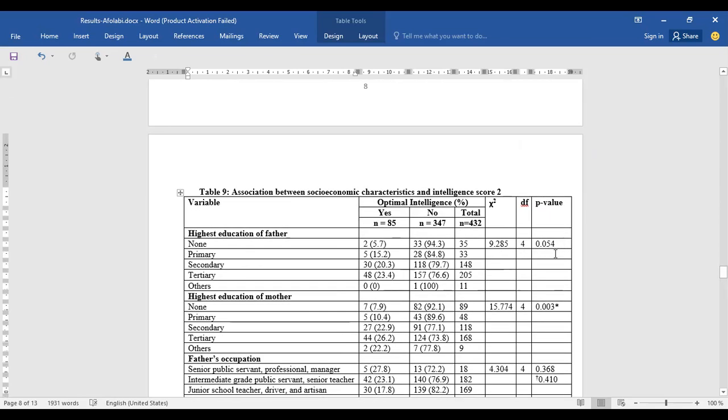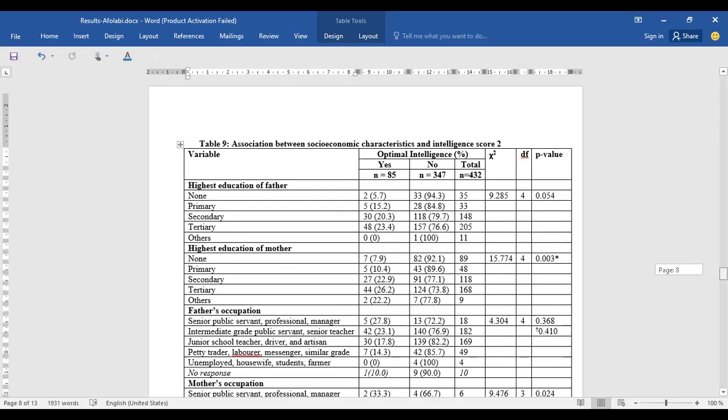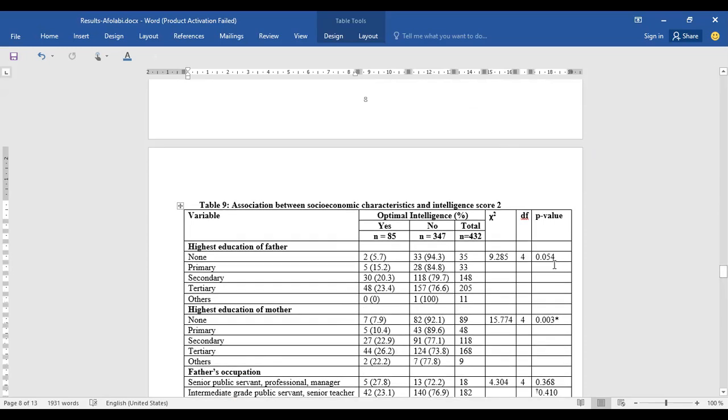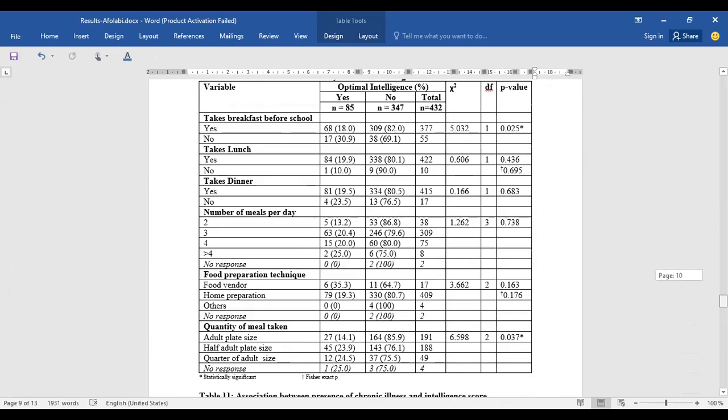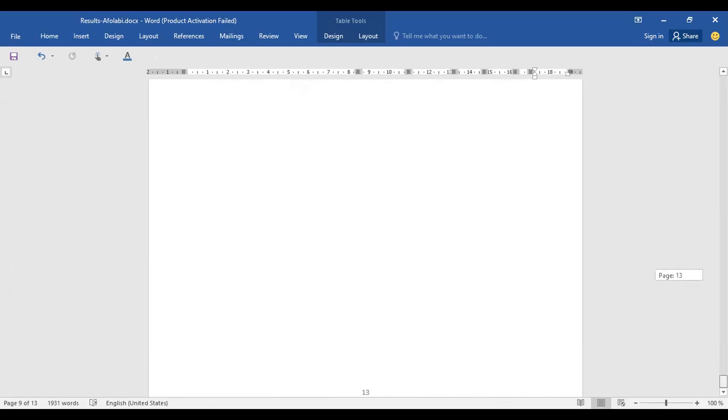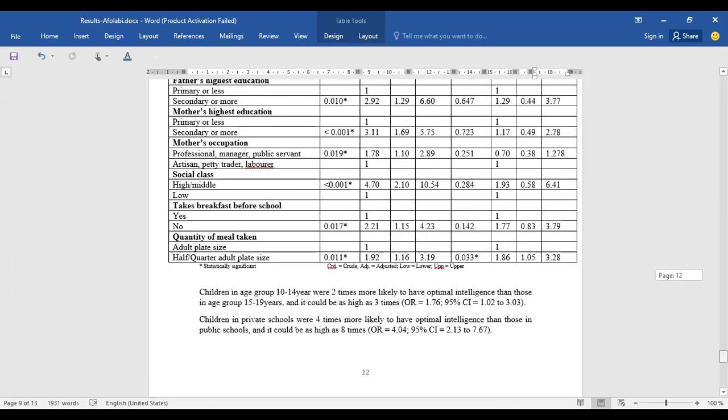Can you see 0.054? So almost. Anything that has 0.something, even if it's not significant but is close to significant, I included in that simple logistic regression. And all of them are significant in simple logistic regression until when you do multiple, it does drop out.